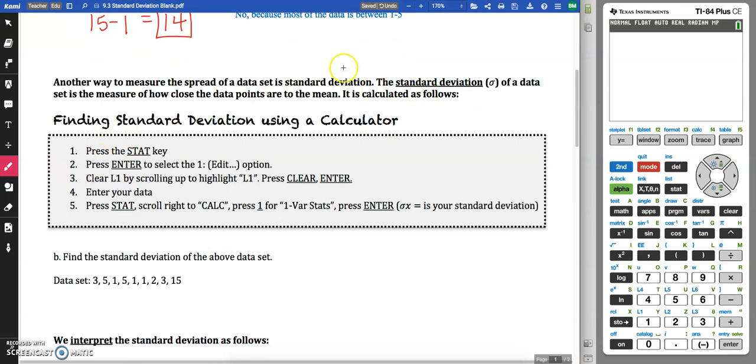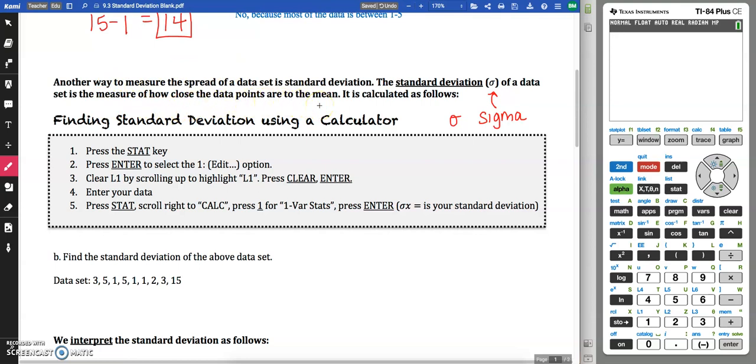It says the standard deviation, here's our symbol for it. That's a sigma. It's a lowercase Greek letter sigma. If I draw it by hand, it kind of looks like a circle with a flat top like that. The standard deviation of a data set is the measure of how close the data points are to the mean.